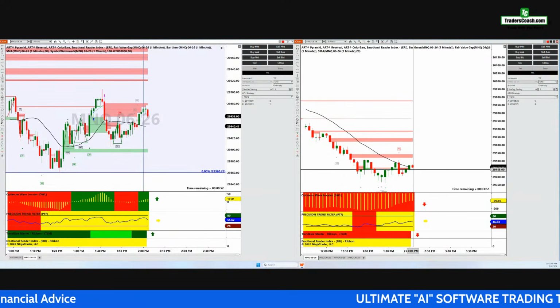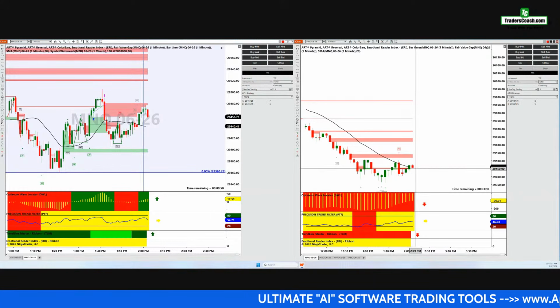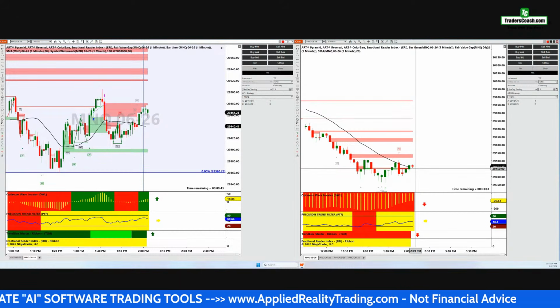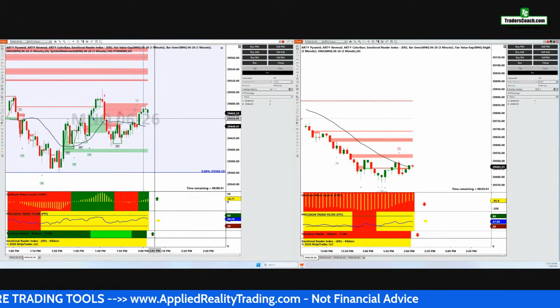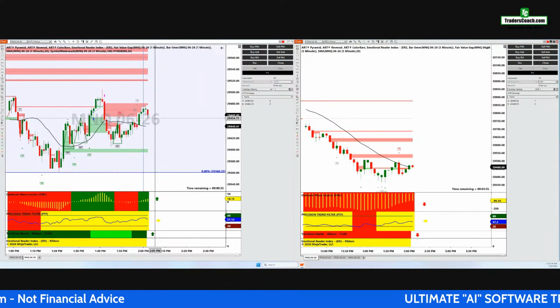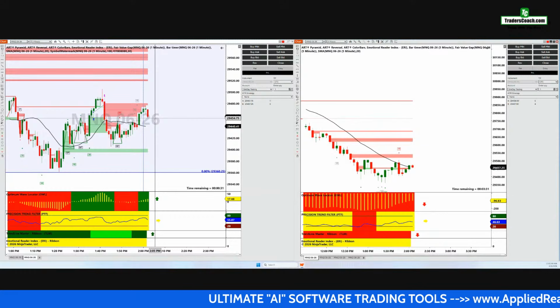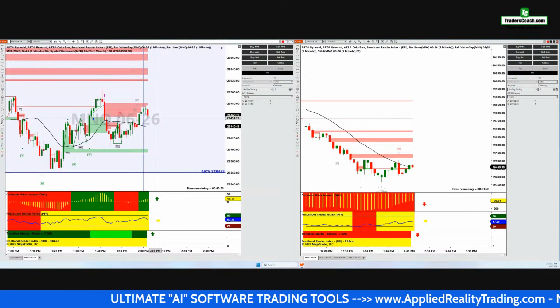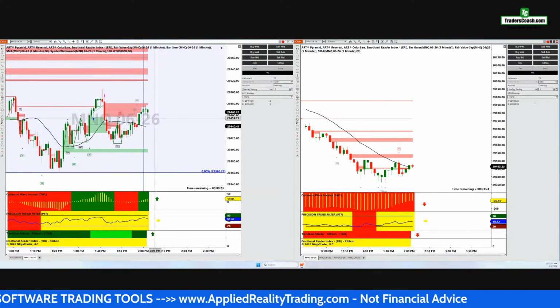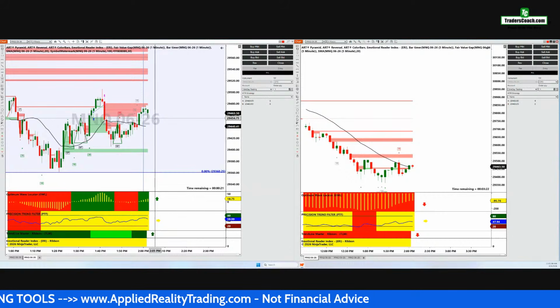Notice the 5-minute here. If it continues a little lower, that will take out the bullish fair value gap there, and we'll see. Still no bullish fair value gap on the 1-minute.